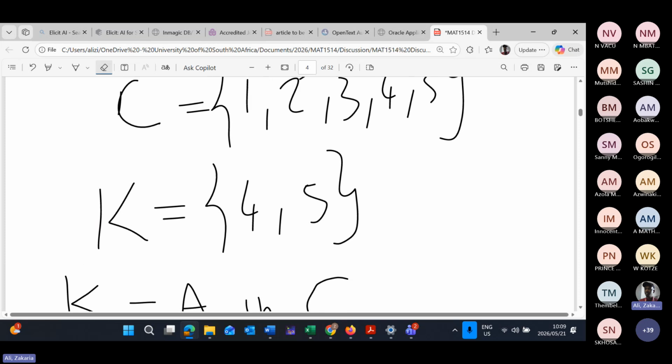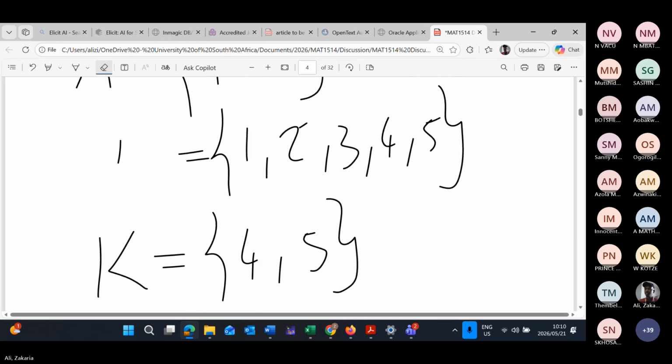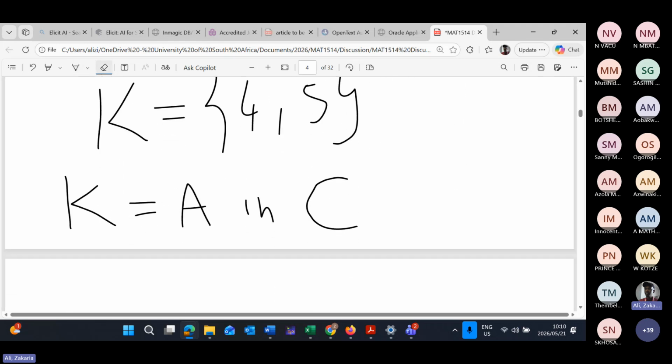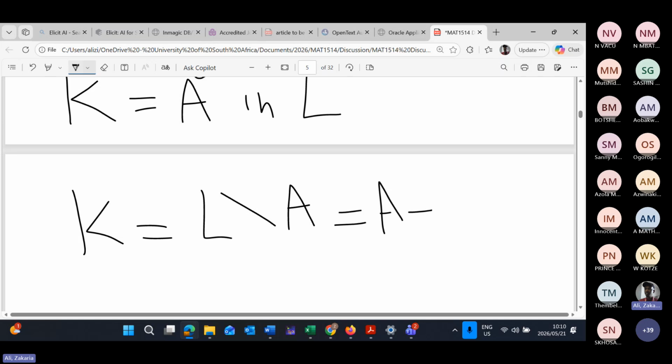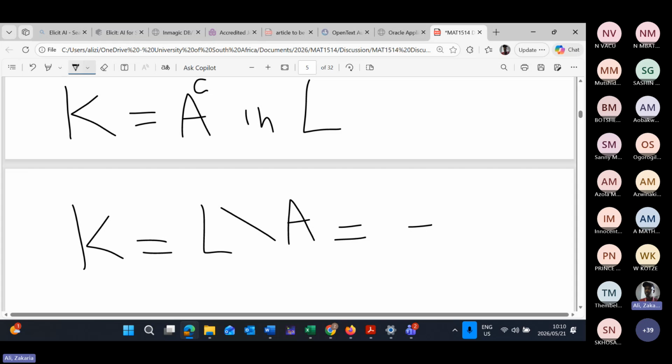Let me call this one L for Letitia, to avoid having the C complement and the C. The small c in superscript stands for the complement. So the set K can be written as the set L removing the set A, or some people write it mathematically as L minus A. That's the notion of complement.